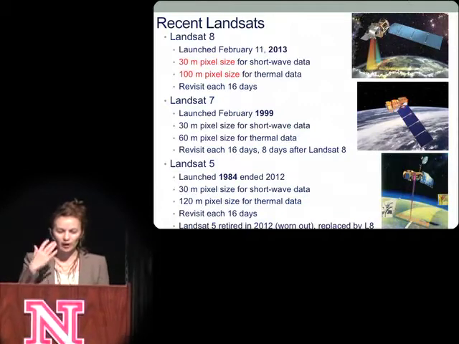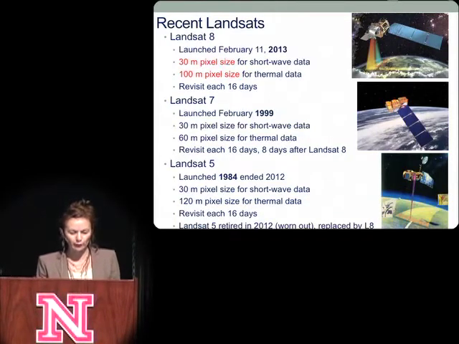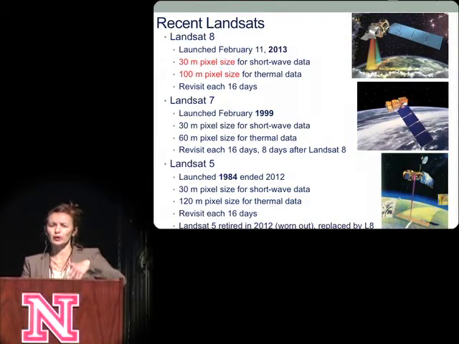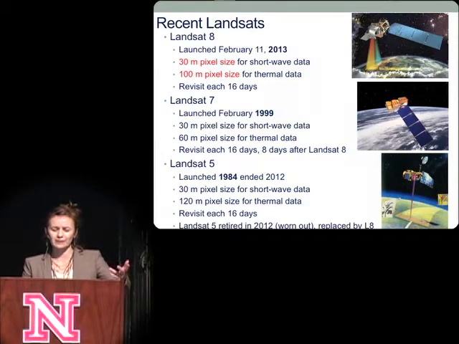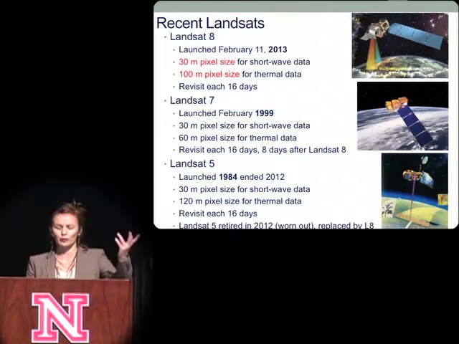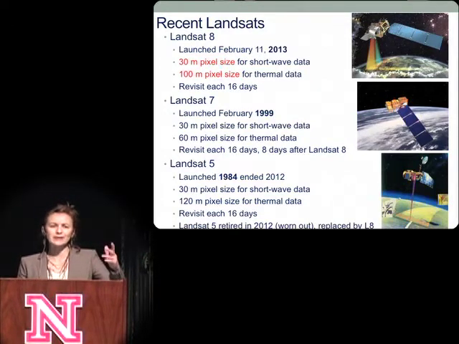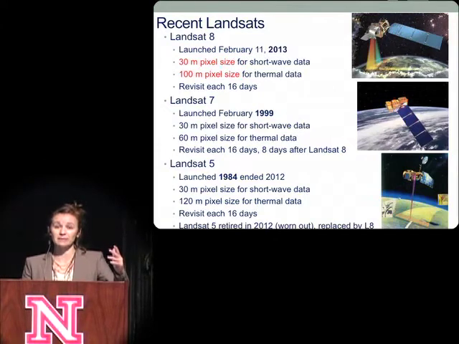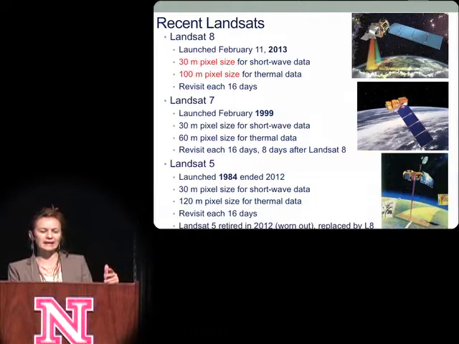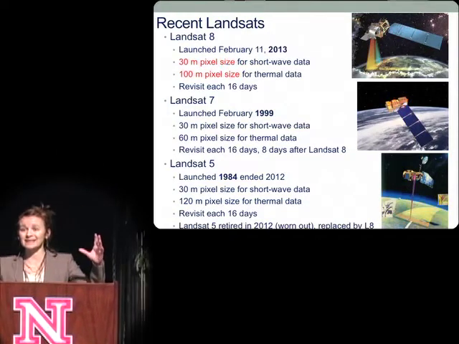Here are a number of satellites that have been launched, and I didn't include the earlier ones. Landsat 4 was quickly replaced by Landsat 5, in 1984, because Landsat 4 quality wasn't that good. And that is the first time we had thermal imagery on a Landsat satellite. Really, the bottom line here is the shortwave reflective bands have a pixel size.